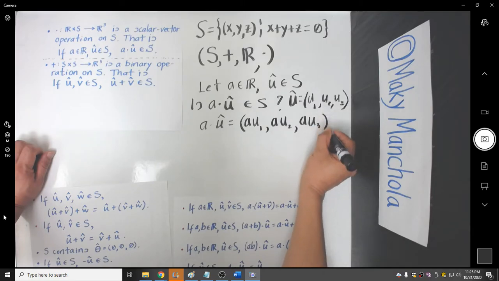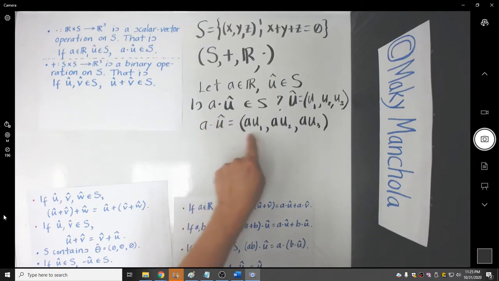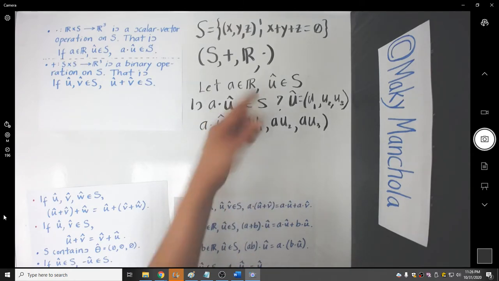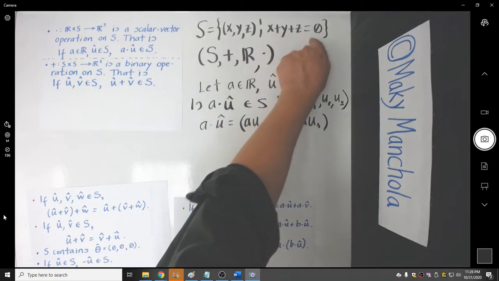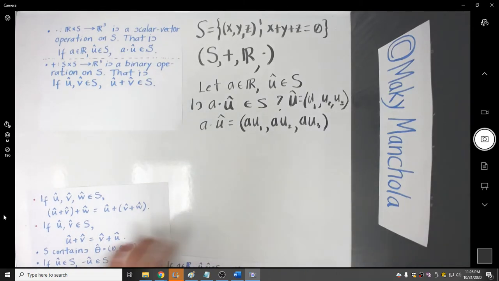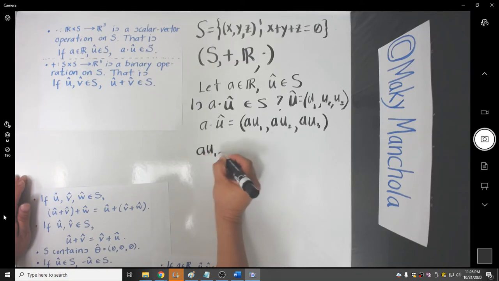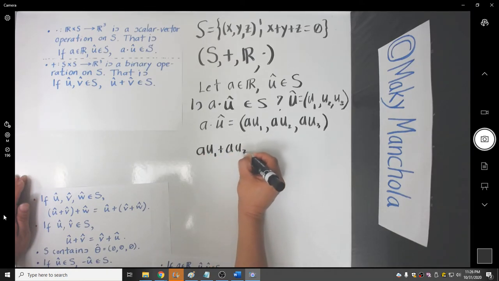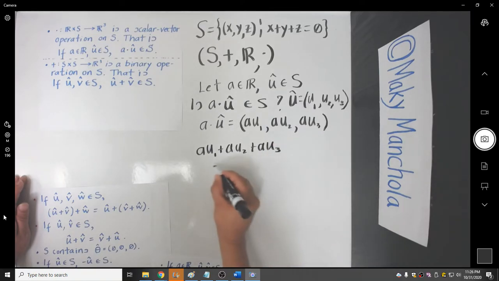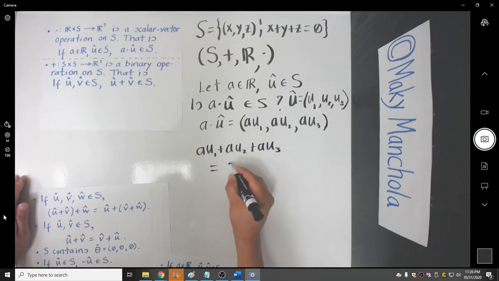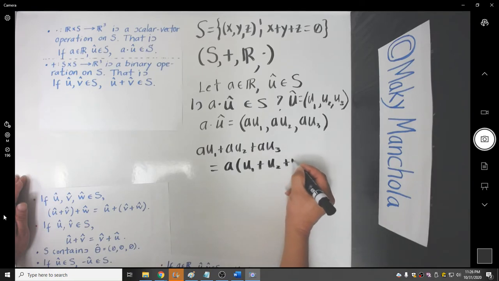Now, if you are asking this question, is this result in S, then you're asking, is it true that when you add the entries, you get 0? Well, let's see. We know that AU1 plus AU2 plus AU3 is the same as, if you factor out A, A times U1 plus U2 plus U3.